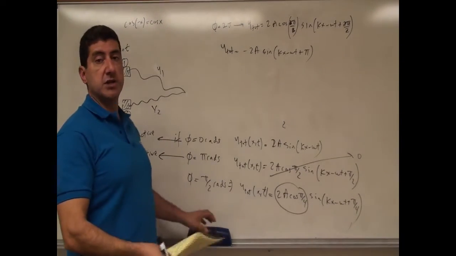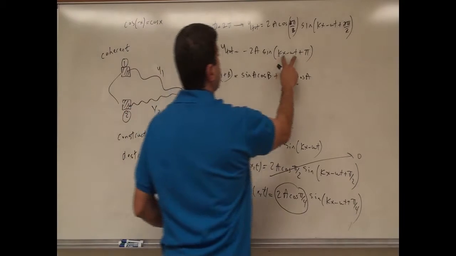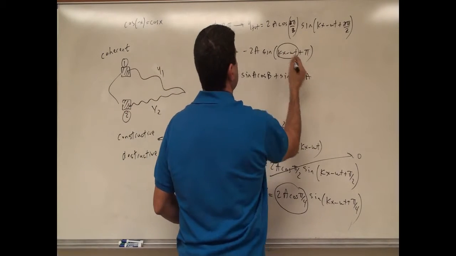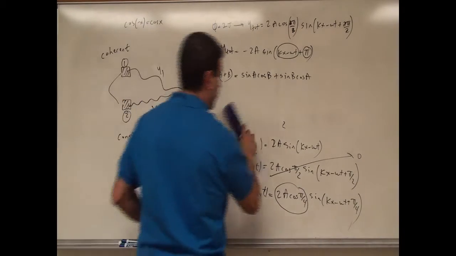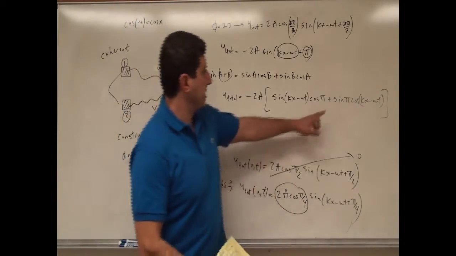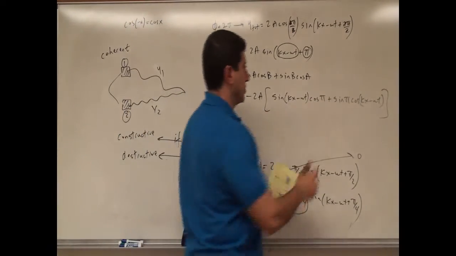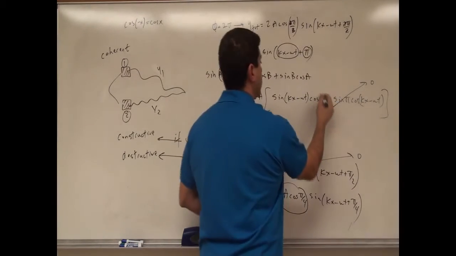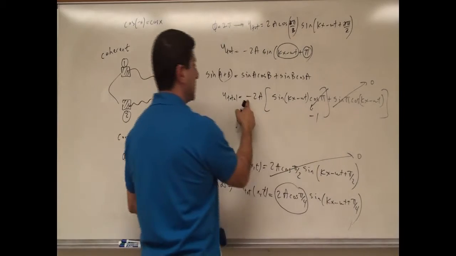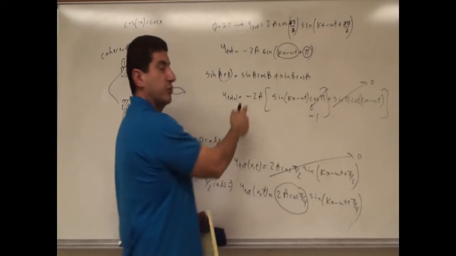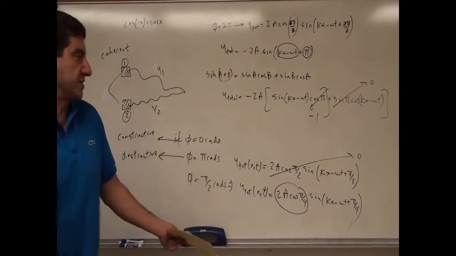We could use the law of sines. I can split this, let this be the a, and then let this be the b, right? Then we can see how this develops, right? Well, what happens? Sine of pi is 0, so that one drops. And then cosine of pi is equal to -1. Well, that -1 cancels this -1, so you essentially still get the same constructive interference.